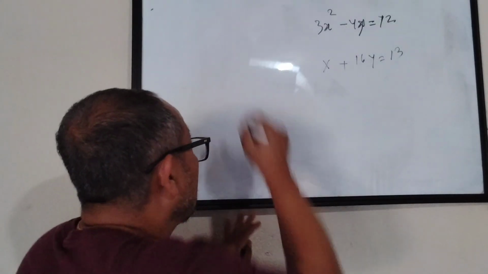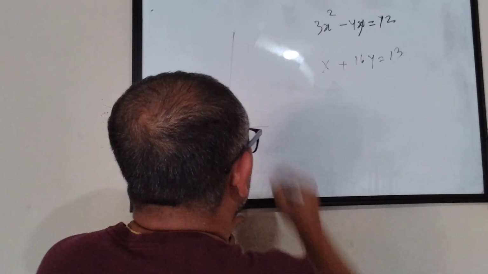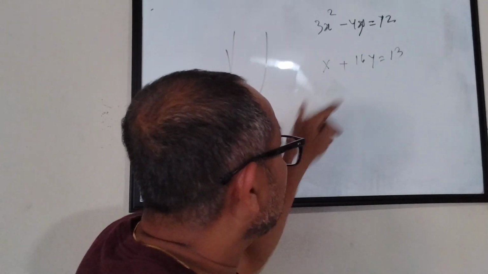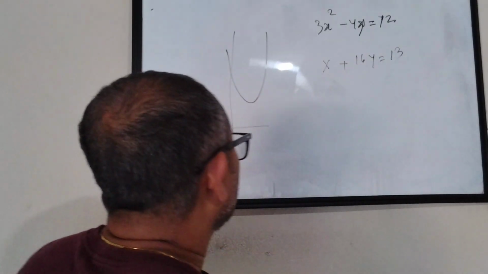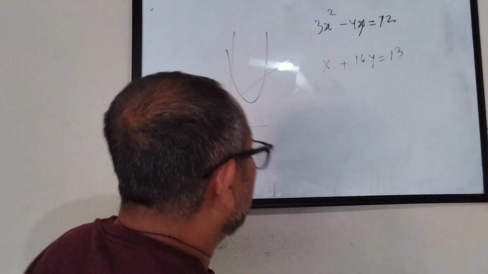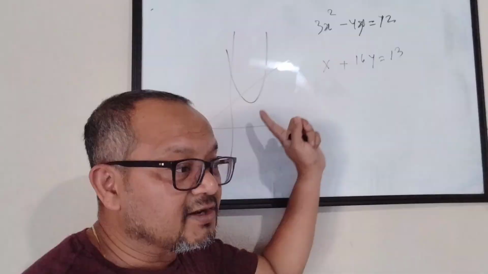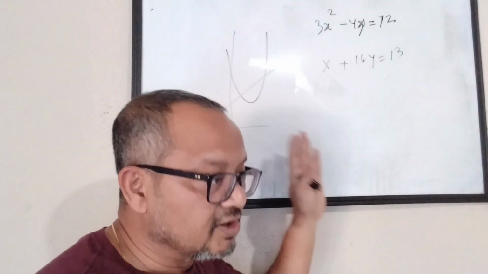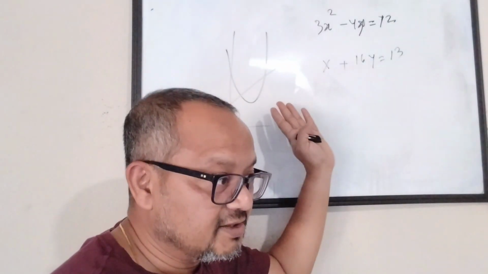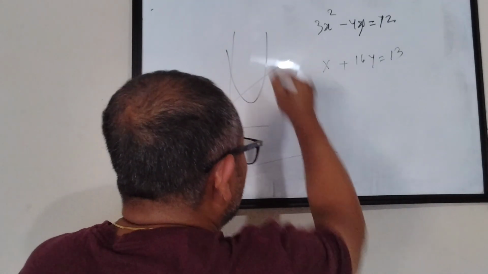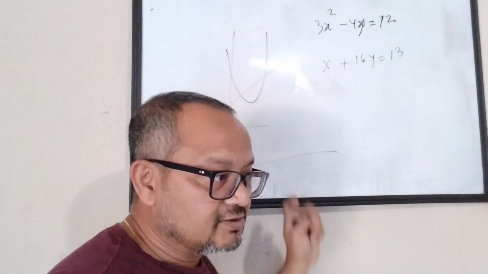When you use the coordinate plane for solving it, let's say this is a parabola that you are forming with this one, and this will form a line. If the line crosses the parabola at one point or 2 points max, then this is still consistent. If the line goes here, parabola goes there, this is an inconsistent system of equations.